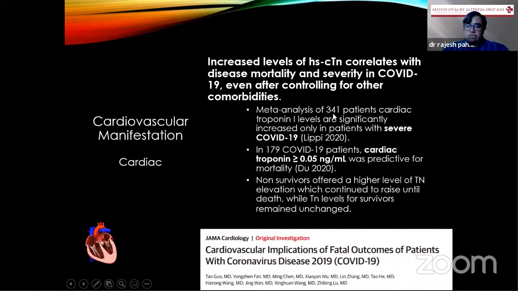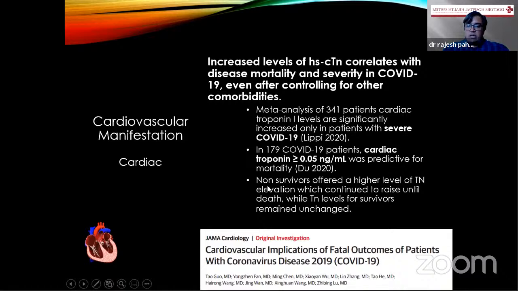In a meta-analysis of 341 patients, cardiac troponin levels were significantly increased only in patients with severe disease. If you see, there's a study which shows that in severe patients, the troponin levels were significantly increased. And troponin levels of more than 0.05 nanogram per liter were predictive for mortality.